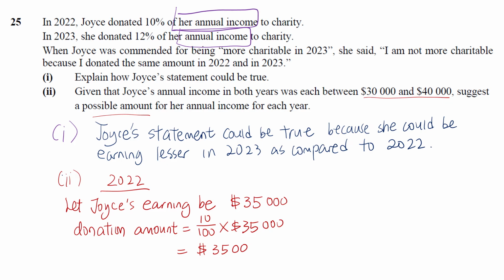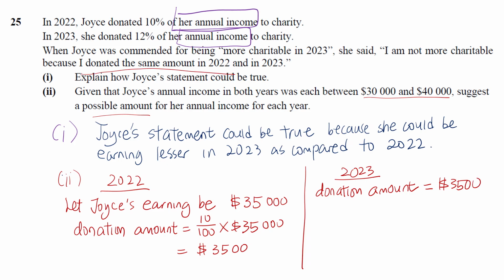So she donated 3,500. Remember that she said she donated the same amount. So in 2023, the donation amount was also 3,500, because she said she donated the same amount.